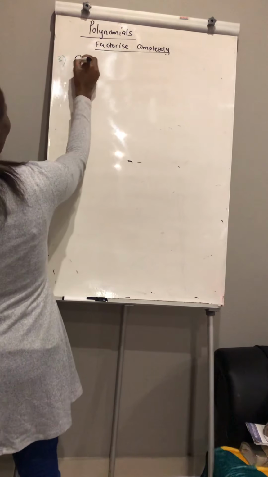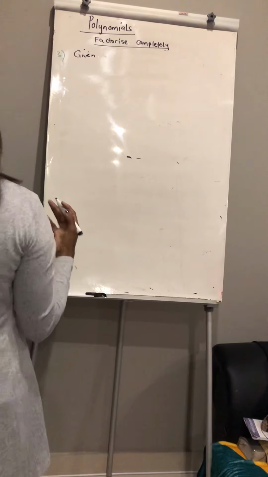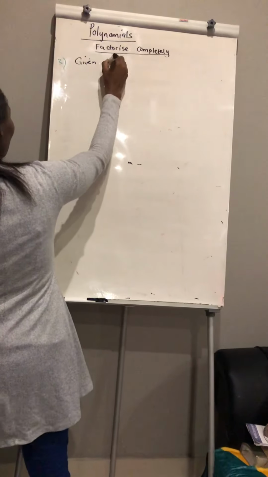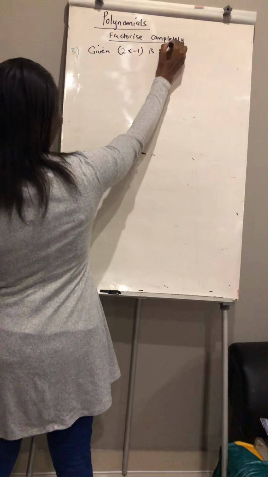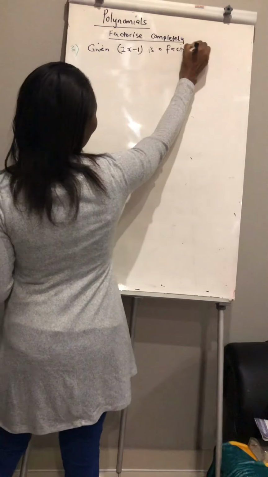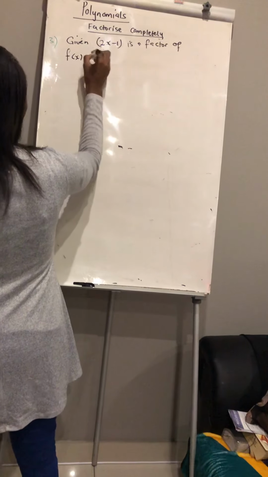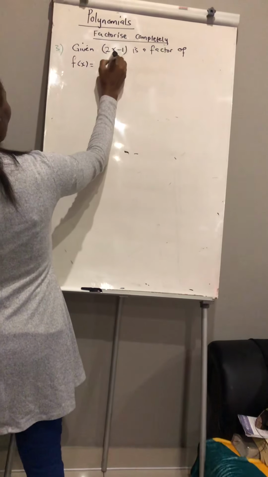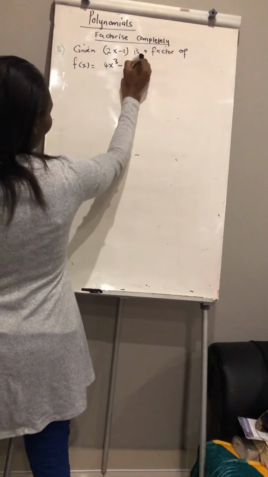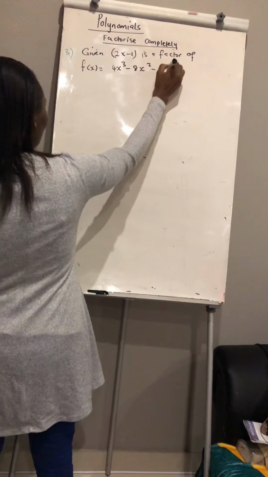So let's say you were now given that you were given the factor. At times they do. So if you're given that 2x minus 1 is a factor of function of x, which in this situation, let me make it 4x cubed minus 8x squared, and then minus x plus 2, like this.